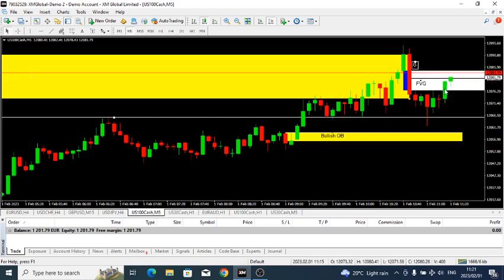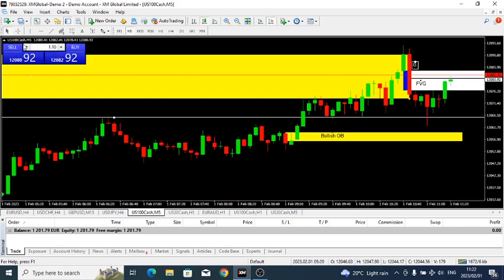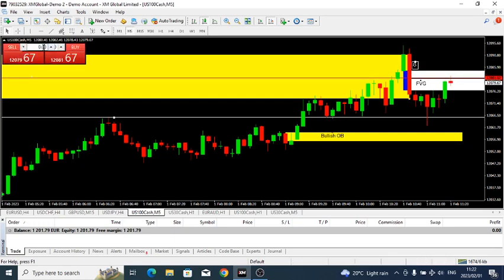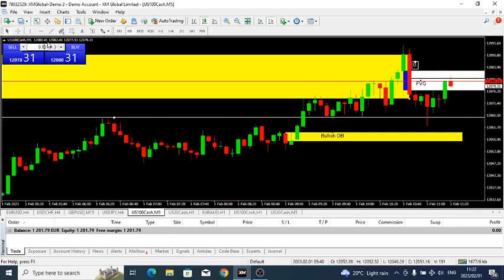So what they do, the big funds, they will start selling the market while it's going up. Me, I wanted to touch it there, and I will try and put a sell. I can put a sell now.